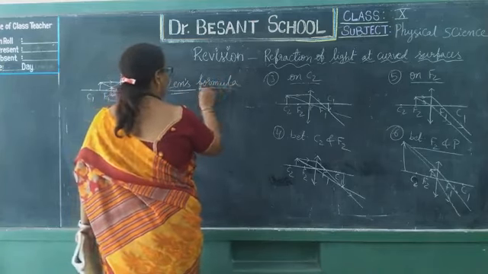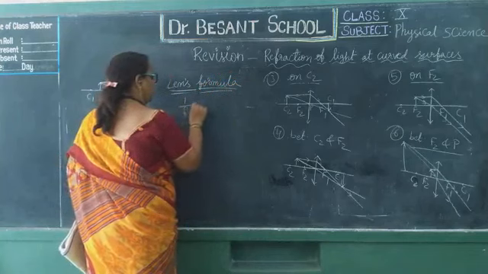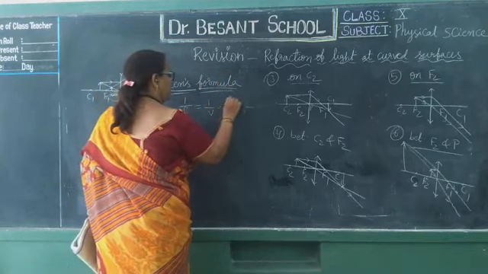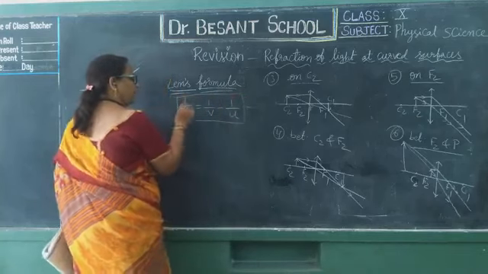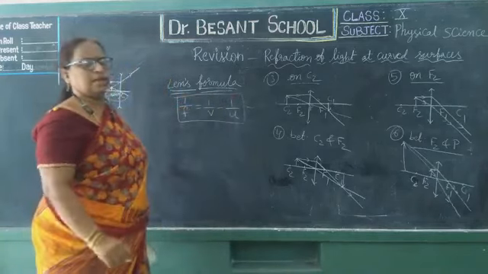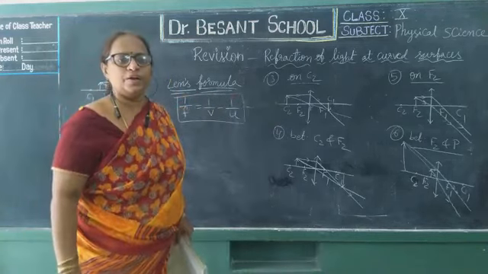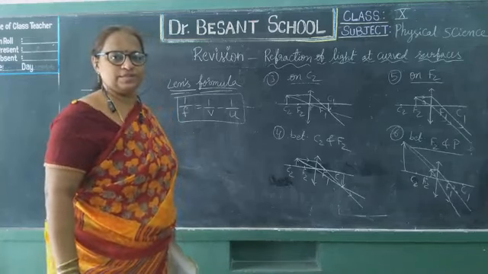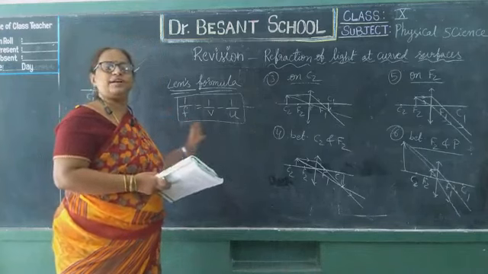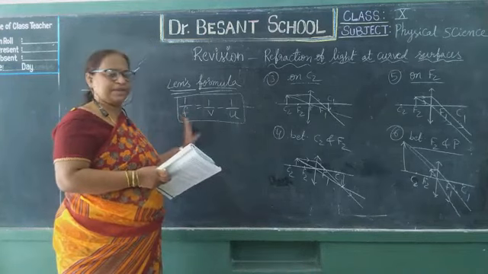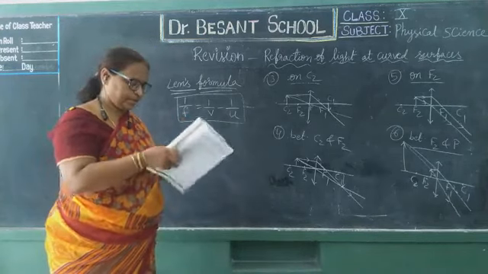What is the lens formula? 1 by F equal to 1 by V minus 1 by U. Here F is the focal length of the lens, V is the image distance and U is the object distance. Okay, so many problems we have already done based on this formula.